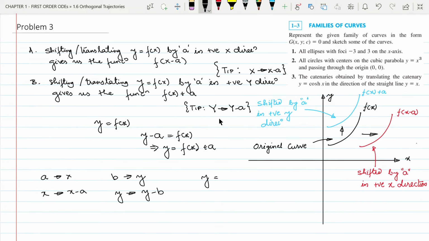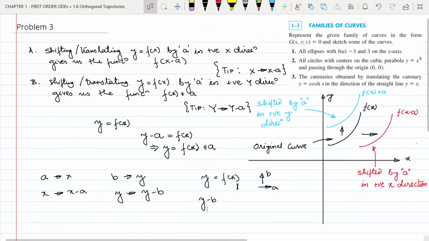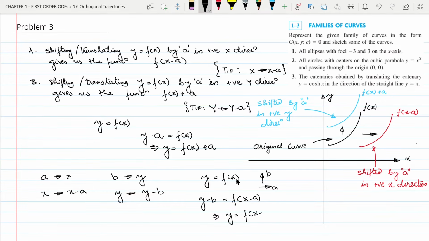So if the original function was y equal to f of x and we shift it a amount in the x direction and b amount in the y direction, then the resulting function will be y minus b equal to f of x minus a. This implies y equal to f of x minus a plus b. This is the new function which has been translated a amount in the x direction and b in the y direction.